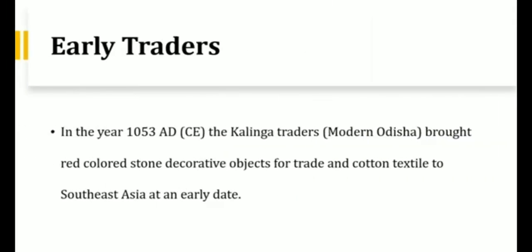Next one, early traders. What do you know about these early traders? In 1053, a red colored stone was formed by the Kalinga king.